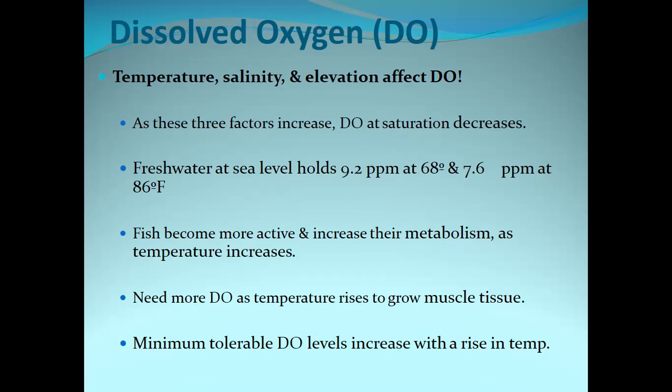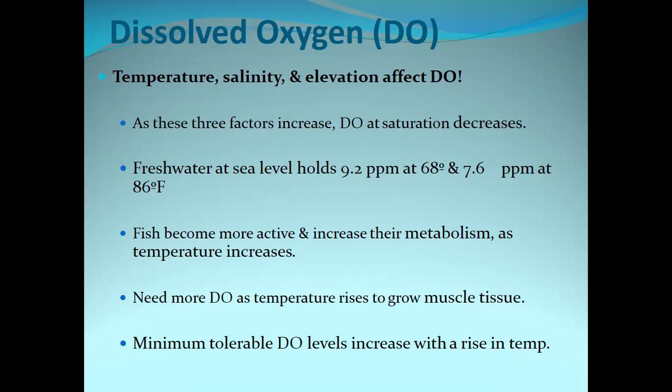Elevation also affects dissolved oxygen. Let me say you're going up a tall hill, like a high mountain. The higher you go, the harder it is to breathe, because you have less oxygen at higher levels. So again, the higher the elevation above sea level, the less dissolved oxygen you have available as well.